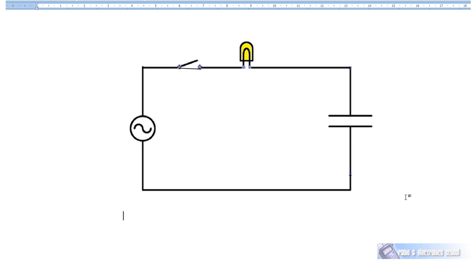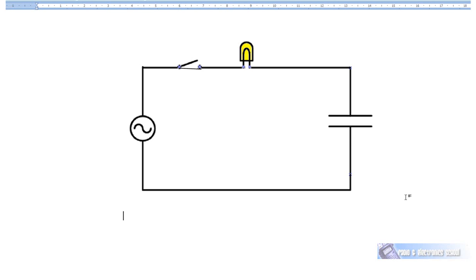No current flows through the capacitor, but there is current flowing into and out of the capacitor, and therefore the lamp will be lit all of the time. Current appears to pass through a capacitor only because the capacitor is continually charged and discharged by the AC generator.